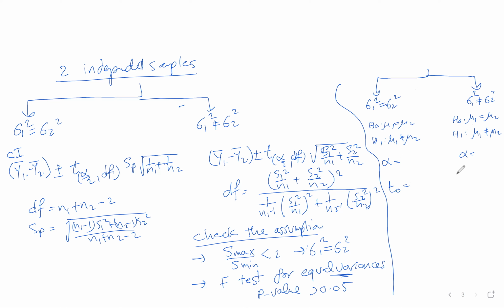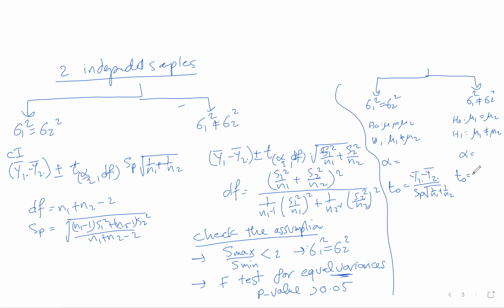T0 equals, if you assume sigma 1 square equals sigma 2 square, y1 dot bar minus y2 dot bar divided by sp times the square root of 1 divided by n1 plus 1 divided by n2.